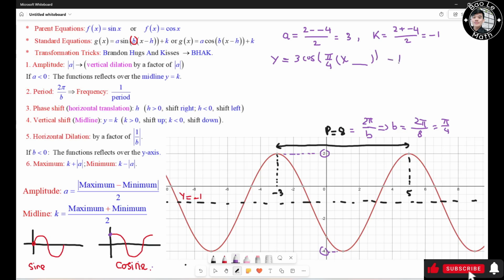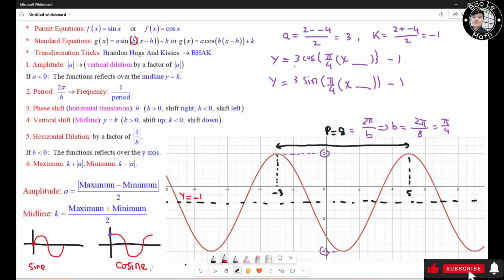Alright, minus 1, right? The second equation should be y equals 3 sine parenthesis pi over 4 times x, leave the blank, minus 1, right?